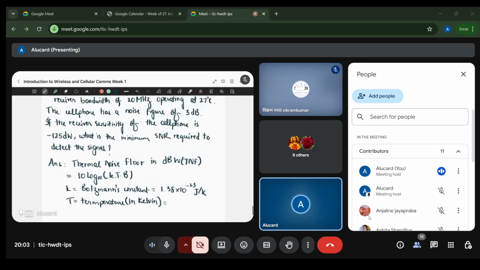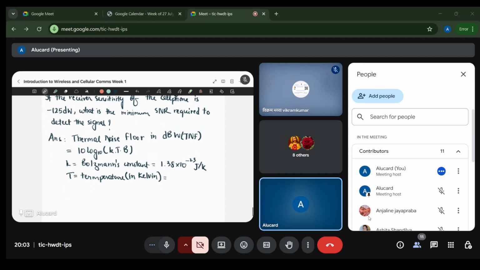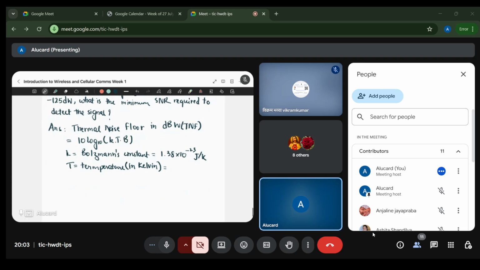So 27 degree Celsius is how much? 27 plus 273 is 300.